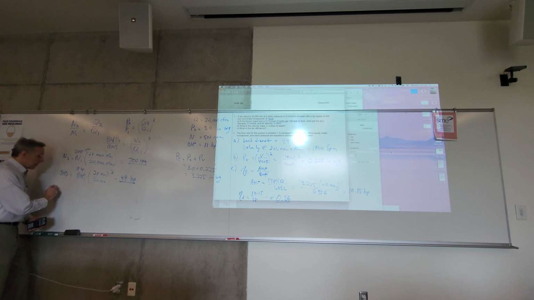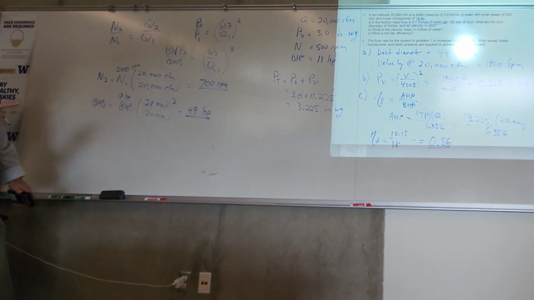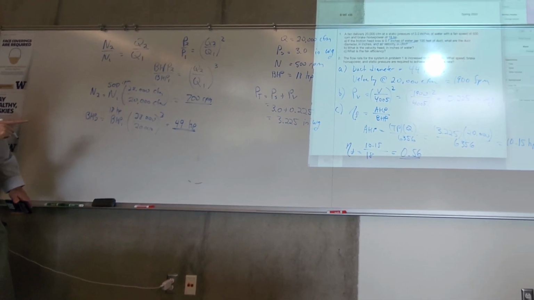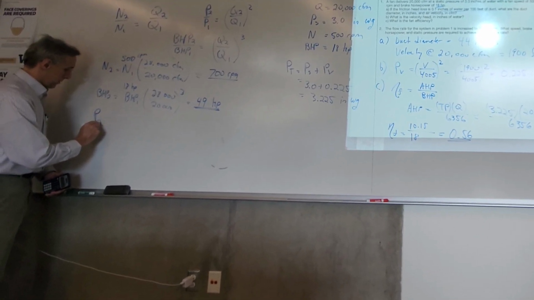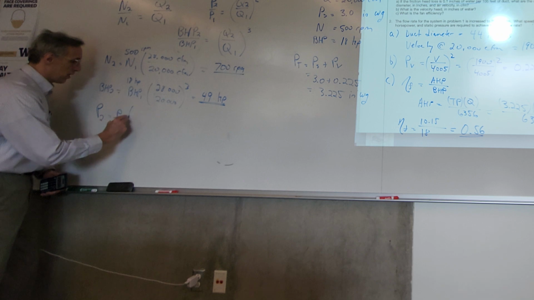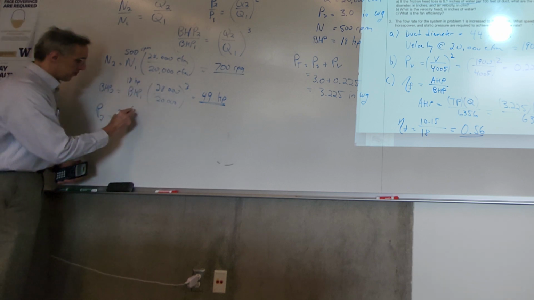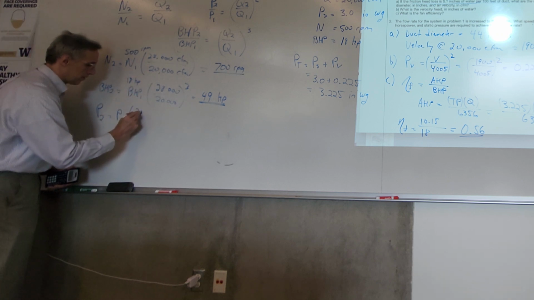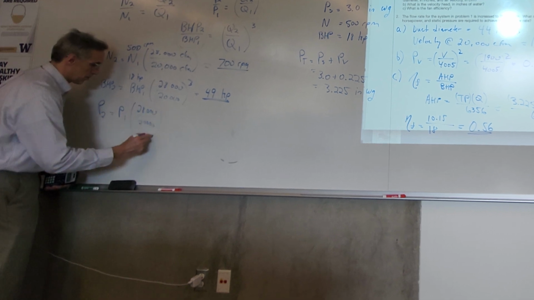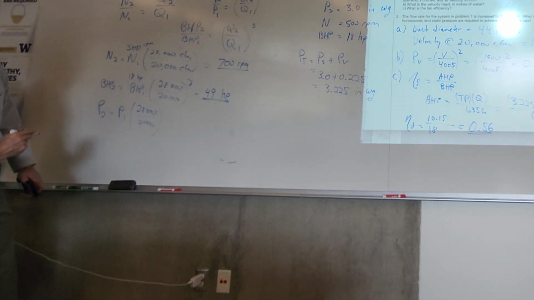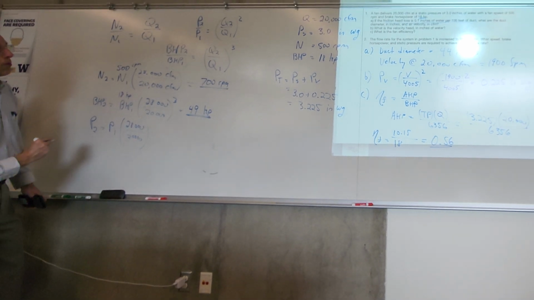And then what else? The static pressure equals P1, and that varies with the square. Static pressure initially was 3.